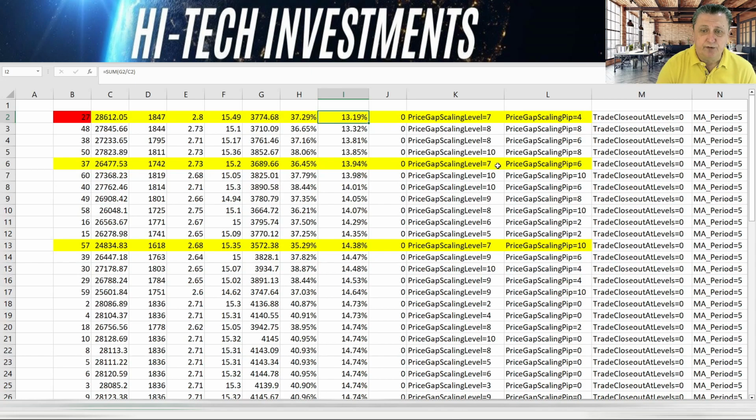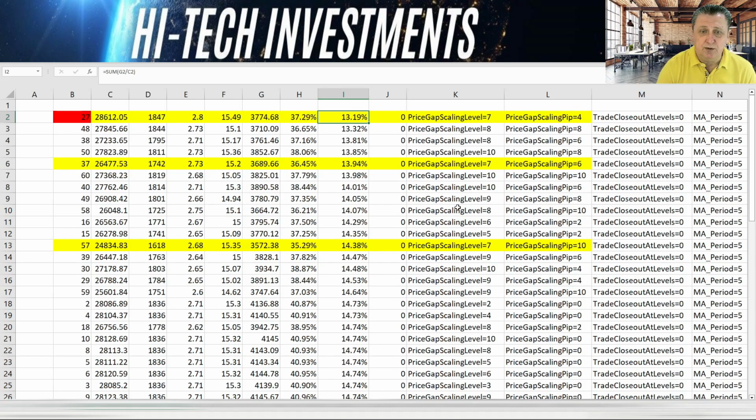We also don't want to end up with big gap scalings, because then we might not get the retracement back. But again, we highlight a few things and see how they turn out.